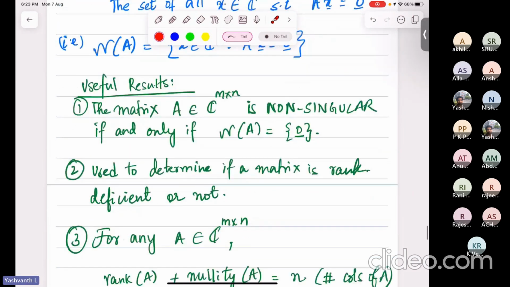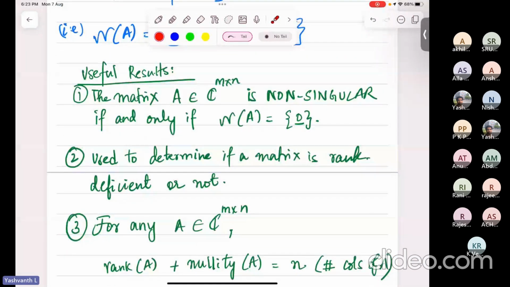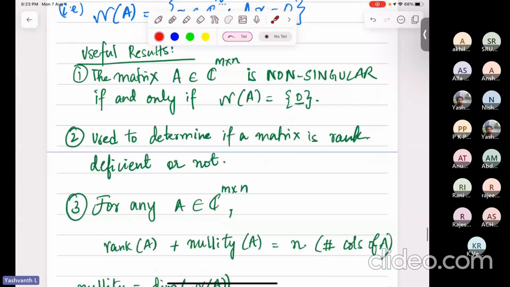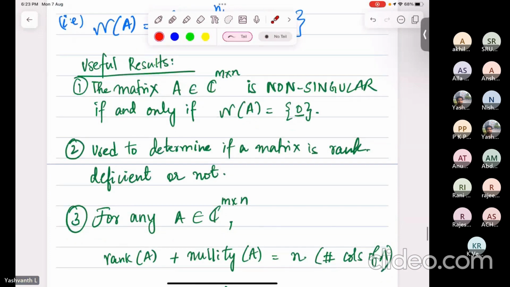Now, very useful results, which basically lay the foundation of the entire linear algebra. It's better that all of us remember these results going forward. The matrix A in C to the m by n is said to be non-singular if and only if the null space of the matrix contains only one vector, namely the zero vector itself.